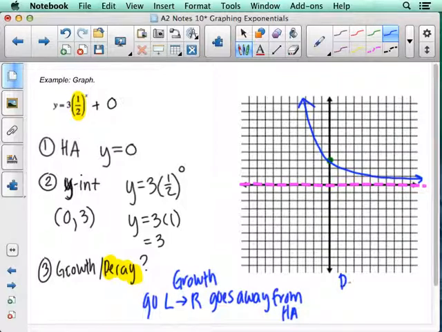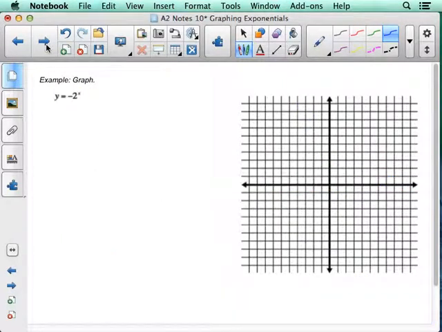When you have decay, as you go left to right, your graph goes towards the horizontal asymptote. So notice as we go left to right, our graph is getting close to the horizontal asymptote. That's why it's decay.